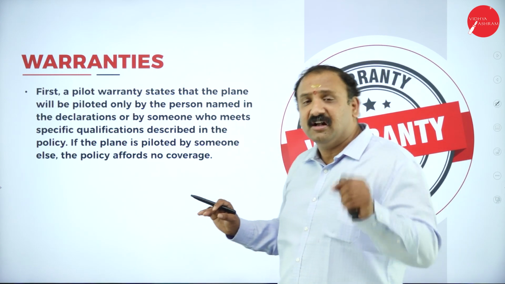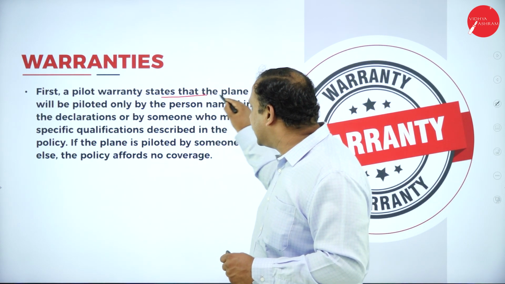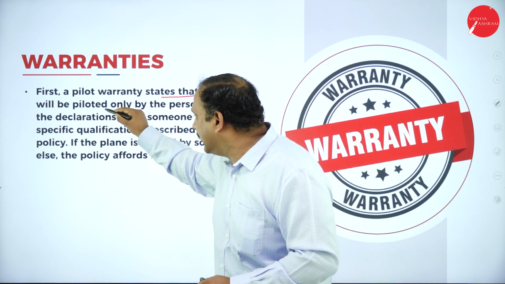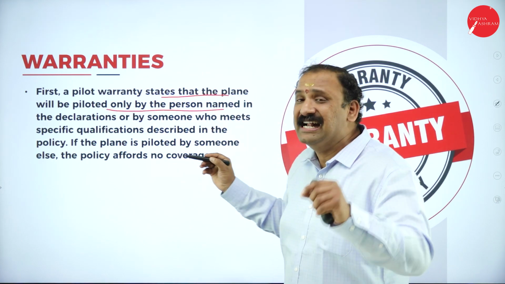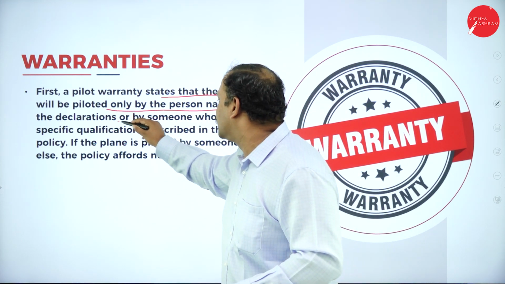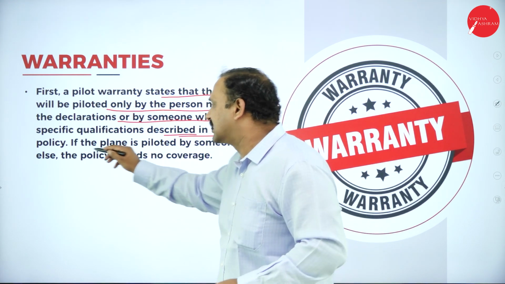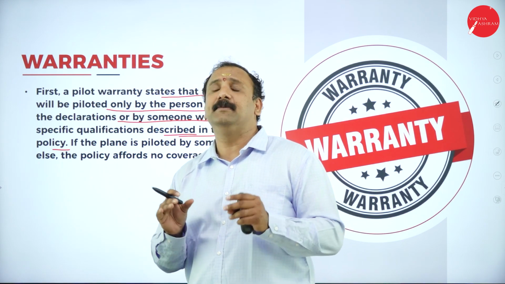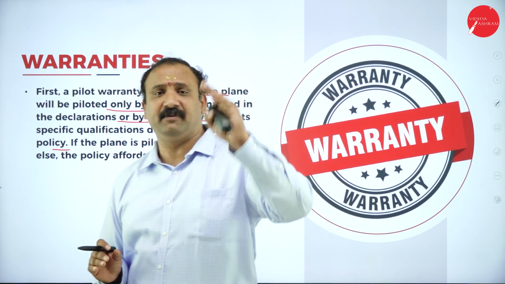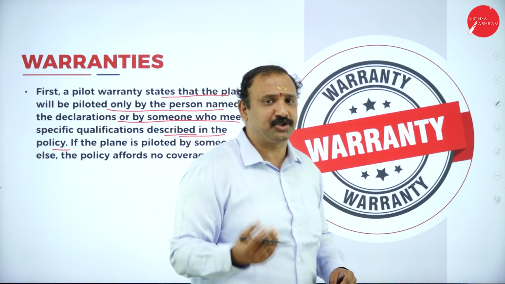Now let's look at it. First, a pilot warranty states that the plane will be piloted only by the person named in the declarations or by someone who meets the specific qualification described in the policy. So anybody cannot take out a plane and say, sir, I had taken it for a casual ride.